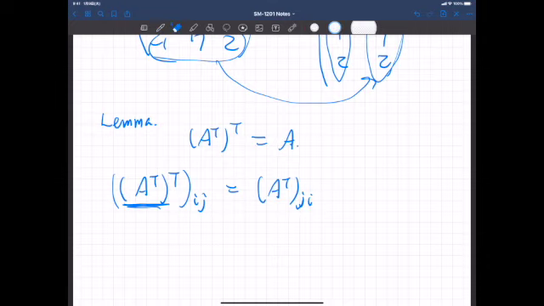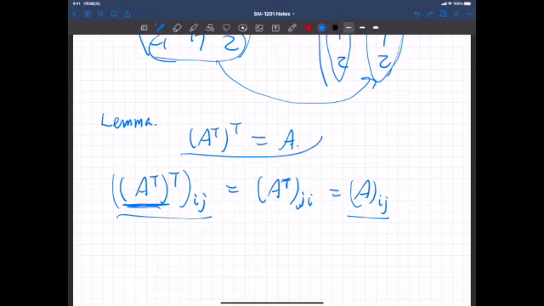But by the definition of transpose of A, it should be the ij element of matrix A. So therefore this is equal to this, which means every element of A transpose transpose is equal to the ij element of A. So that means this. It's done.